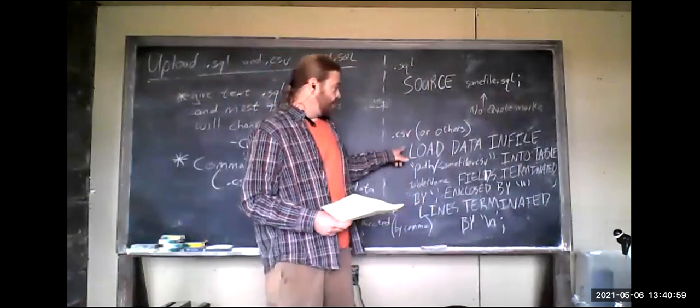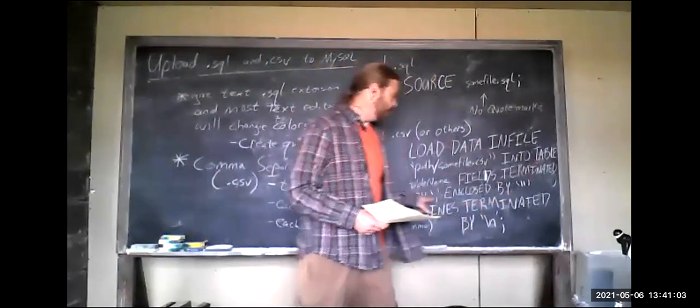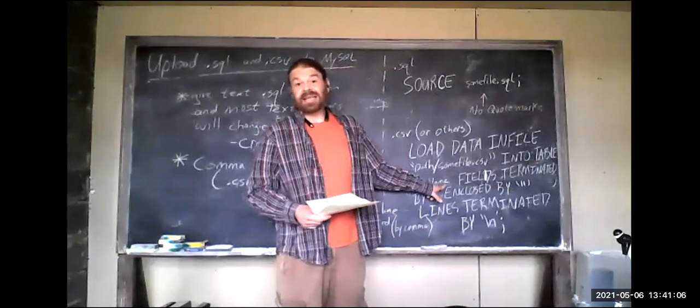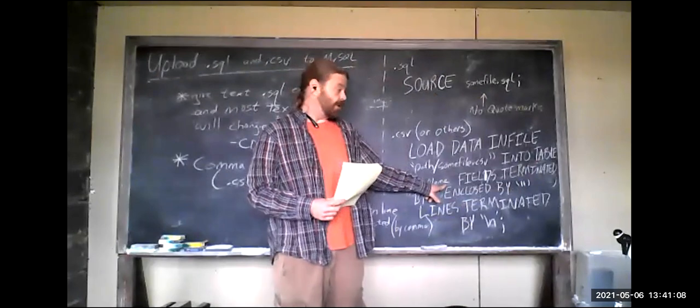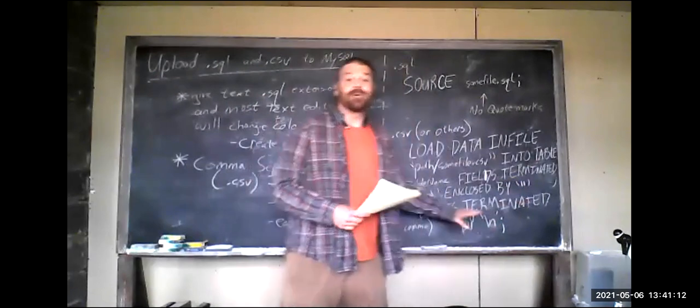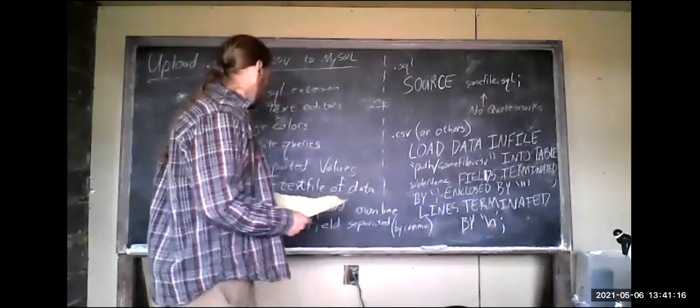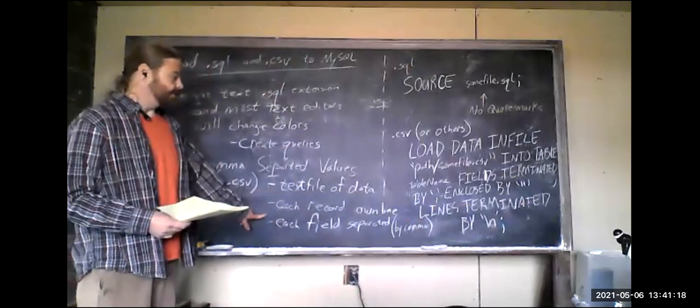So load data infile, and then the file name, into table, and the table name is the same no matter how we have our data stored. Then after that, we have to describe to MySQL how the data is stored. So we have to describe these three things.